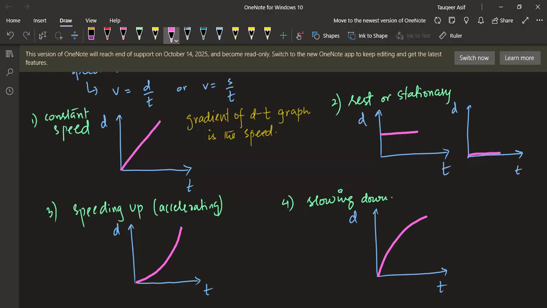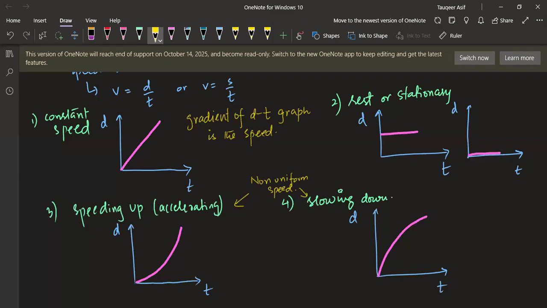These are the four distance time graphs. Graphs 3 and 4 are for changing speed, non-uniform speed, which means the object is not moving with the same speed. I hope that till here it is clear.